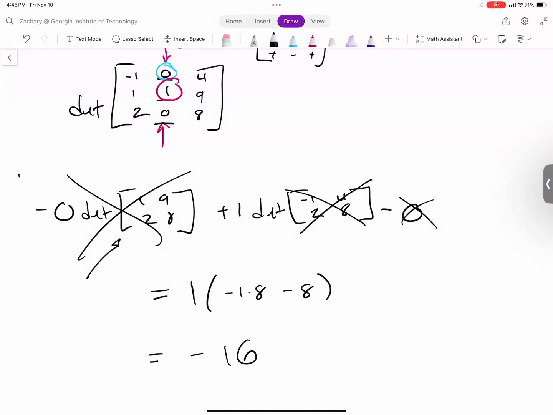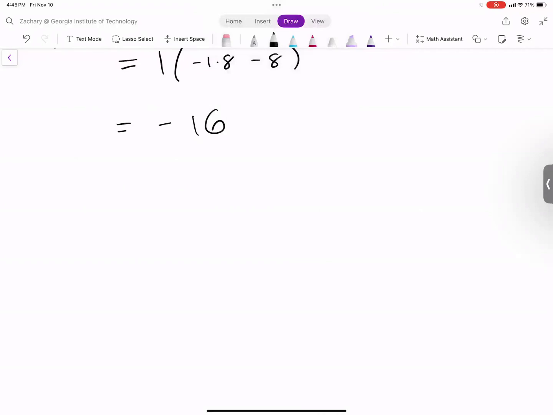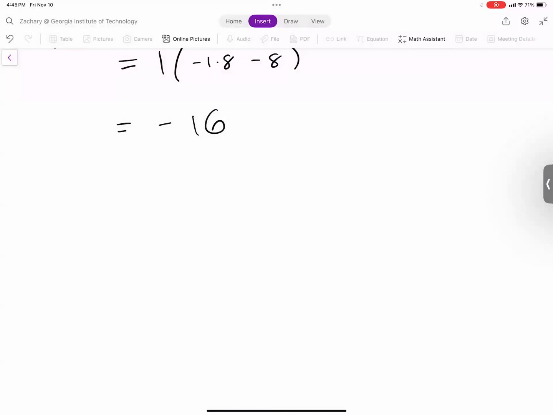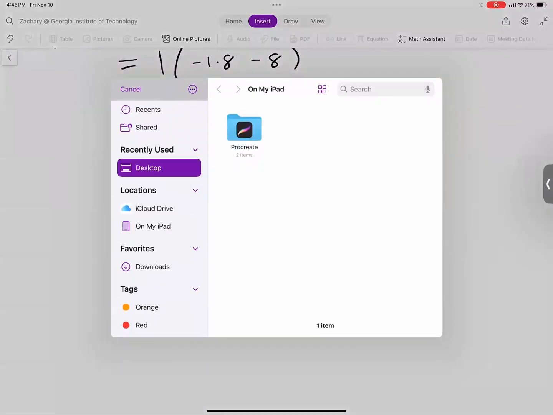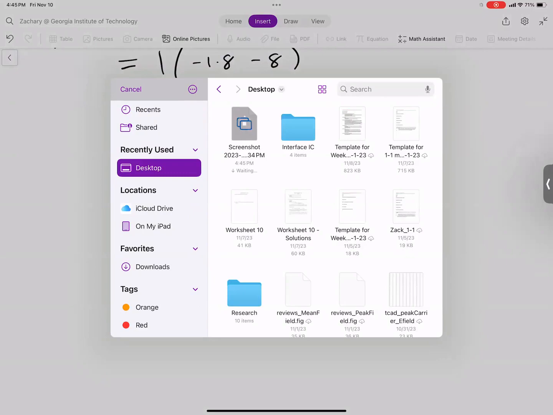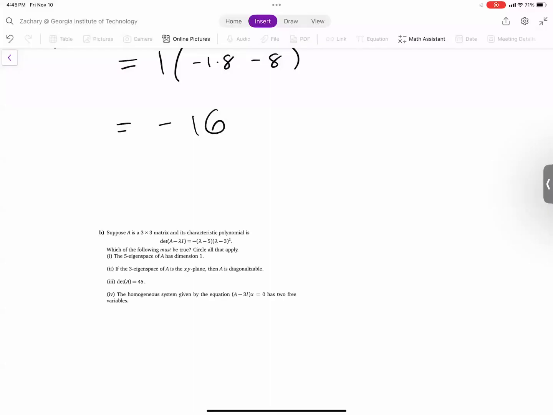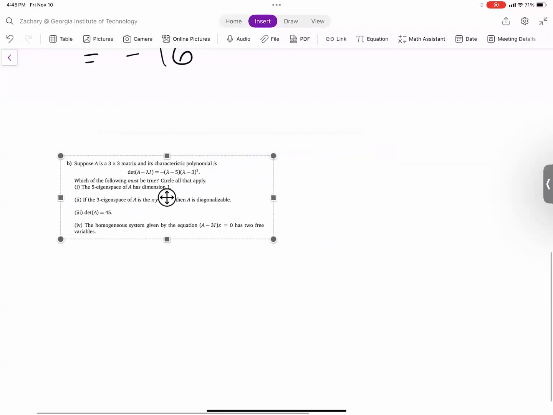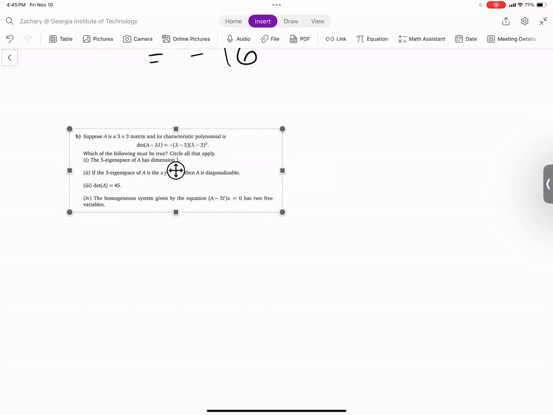You said 2B or 3B? 2B, 3B. Just making sure I got it right. Is this the right one?